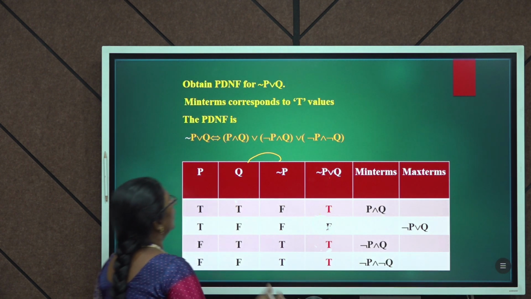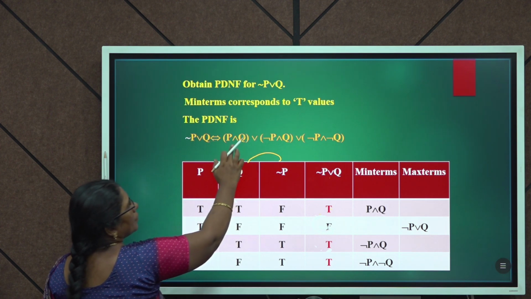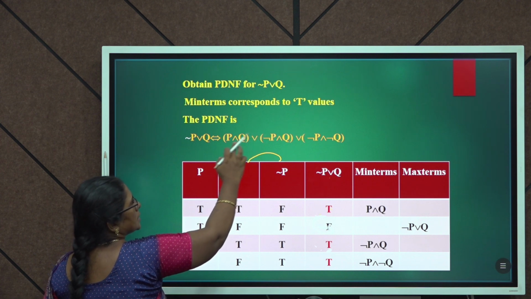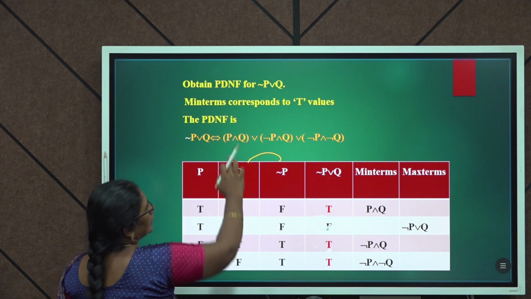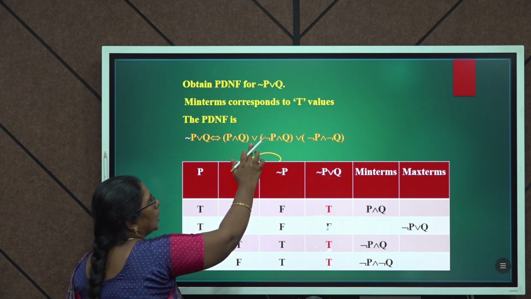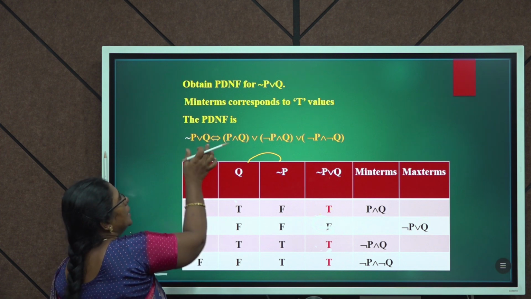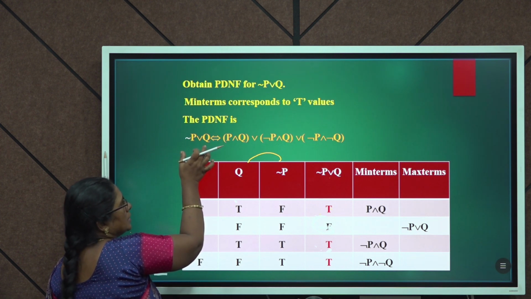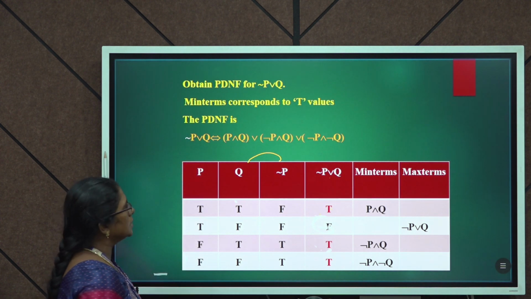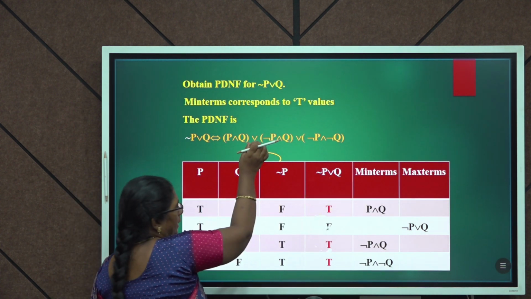As I told you already, what is PDNF? PDNF is nothing but disjunction of min terms. So here these are the min terms. Min terms should be connected by the logical operator cup. So the PDNF, the formula equivalent to the given statement formula negation P cup Q, is obtained by connecting all these min terms by the operator cup.